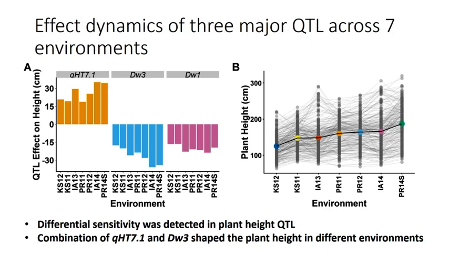This shows that the combination of QHT7.1 and DW3 shape the plant height in different environments. And also, as I showed in the introduction of 4 types of different sensitivity model, this one is a differential sensitivity for the QTL effect changing across environment.